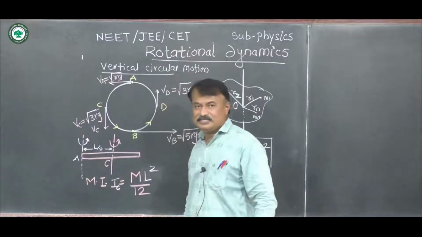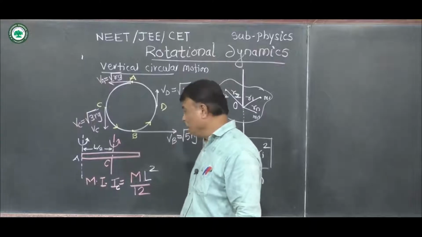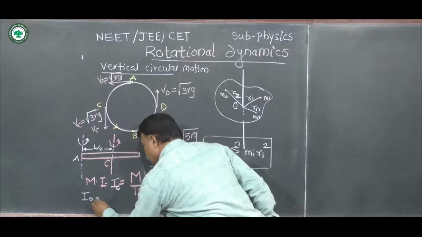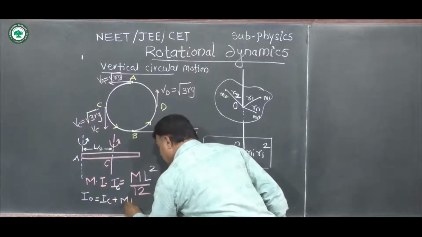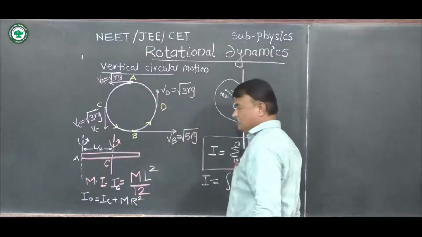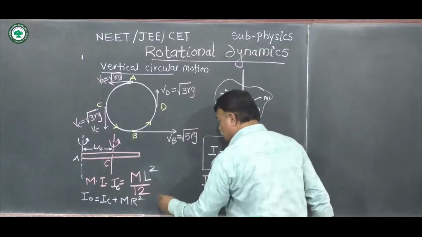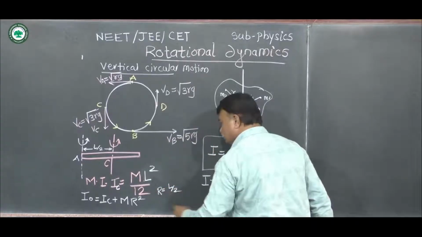By applying the principle of parallel axis, we find its moment of inertia. IO is equal to IC plus M R square. In that case, this distance is L by 2, so we substitute R equal to L by 2.